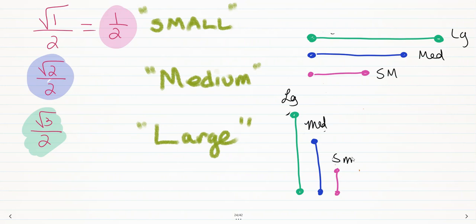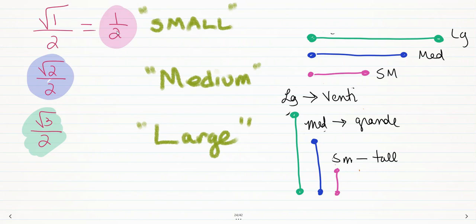Small, medium, and large. Or if you're a Starbucks fan, let's call the small a tall. The medium line is a grande. And the large line is the venti.